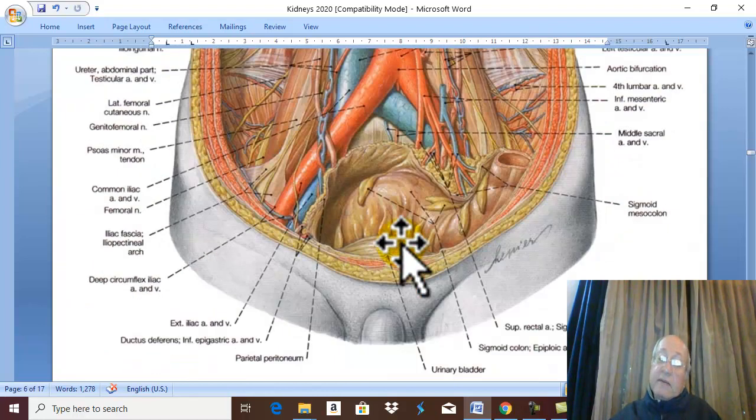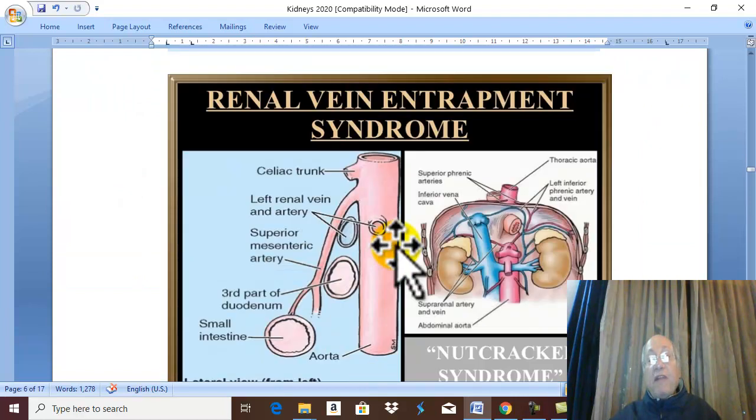This results in compression of the left renal vein, leading to congested kidney. Congested kidney leads to pain in the loin. Loin is the area between the last rib and the iliac crest, the site of the kidney. And there may be hematuria, blood in urine.